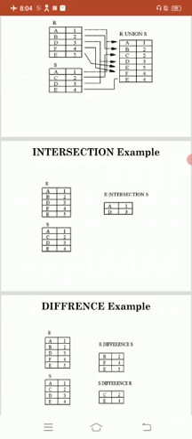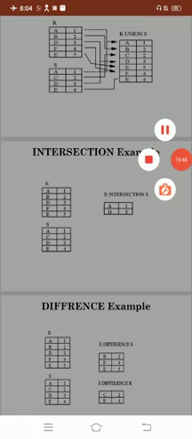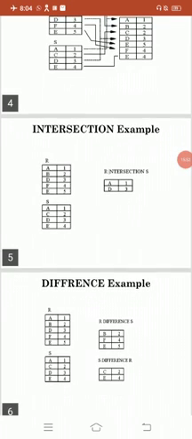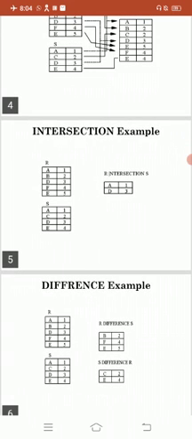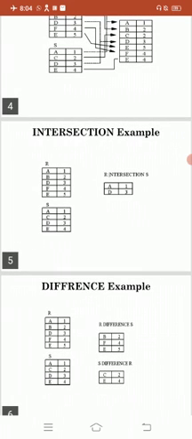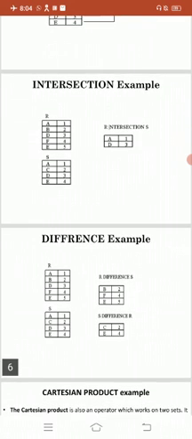Then R intersection S means we can take A and D, because both tables include the same values: A is equal to 1, A is equal to 1, and D is equal to 3, D is equal to 3. That is called intersection.